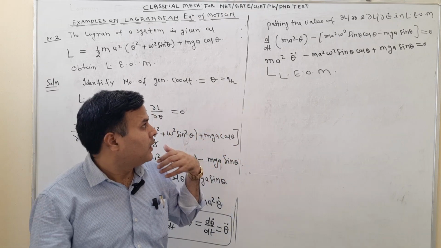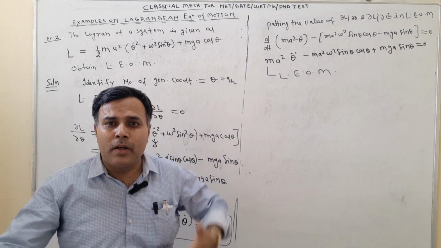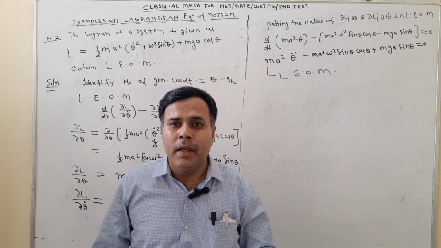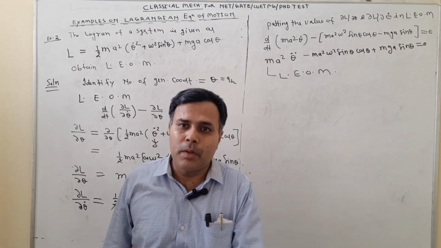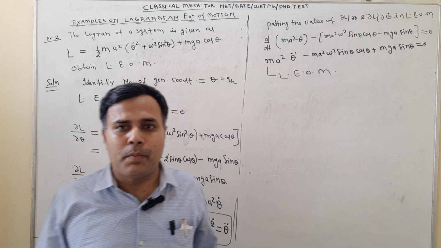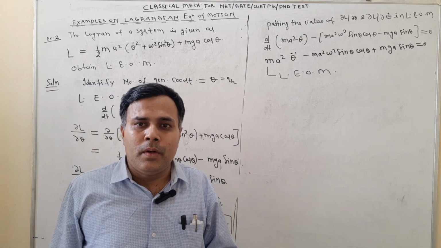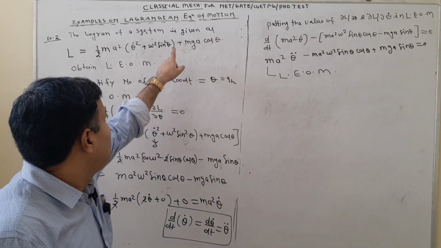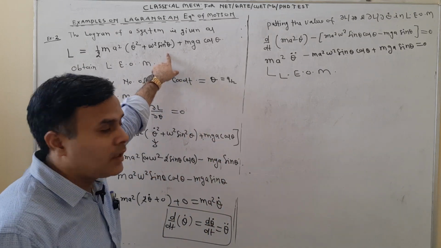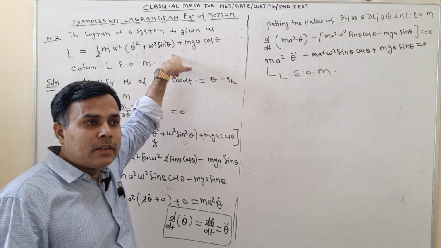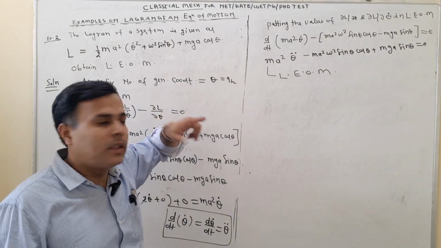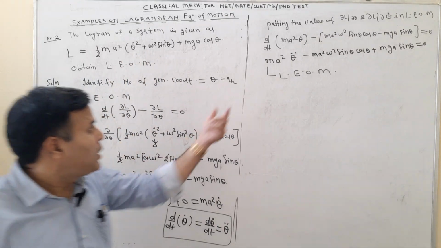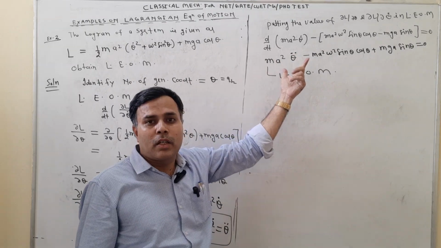Now we are confident enough that we can set up the Lagrangian differential equation of motion for any given L. Whatever the profile of the Lagrangian, we can directly set up the Lagrangian equation of motion, and it depends upon the number of generalized coordinates present in our system. In the earlier case we had 2 generalized coordinates, so we set up 2 different equations of motion. In this case we have only one generalized coordinate, theta, so we set up only one Lagrangian equation of motion.